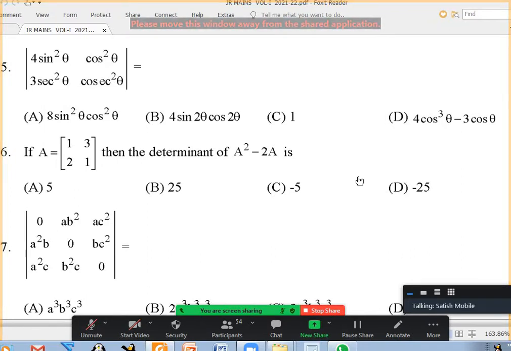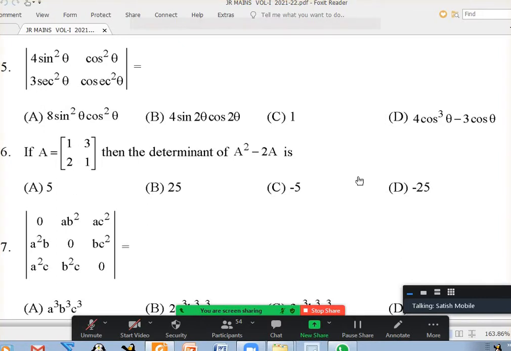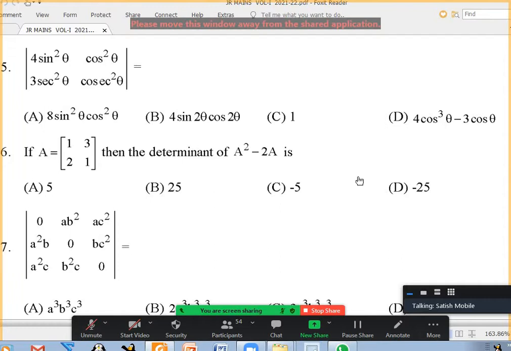Okay, 45 is a very simple 2 by 2 determinant. 4 sine square theta, cos square theta, 3 secant square theta, cosecant square theta.